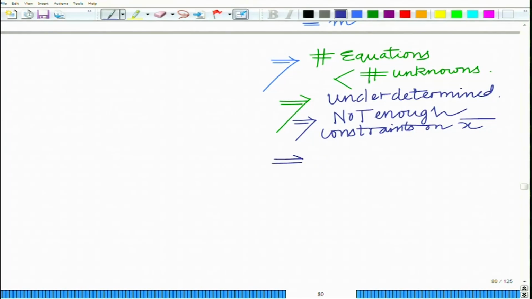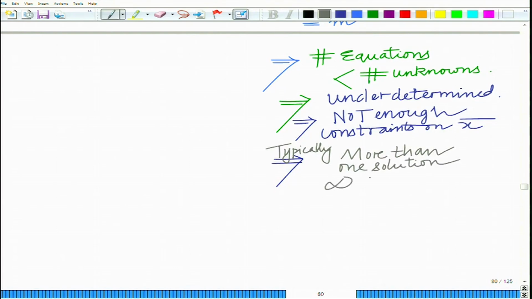This means that typically there is no unique solution, there are an infinite number of solutions. Let me qualify this: typically, with very high probability, there is more than one solution, or an infinite number of solutions.